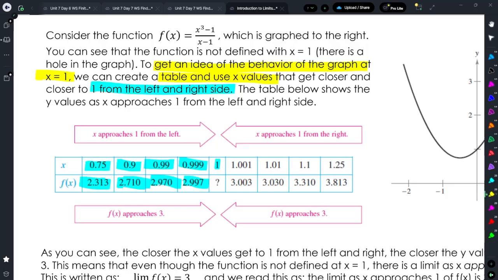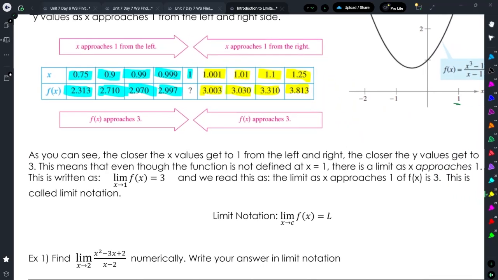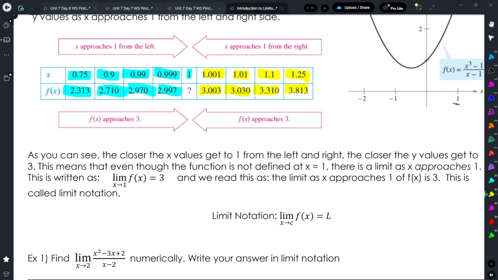And if we look at the other side, as the x values start at a number bigger than 1 and get smaller and smaller, closer and closer to 1, the y values also approach 3. So as the x values get closer and closer to 1 from the left and right side, the y values get closer to 3.